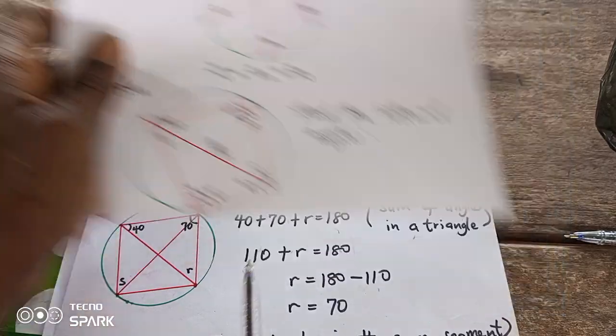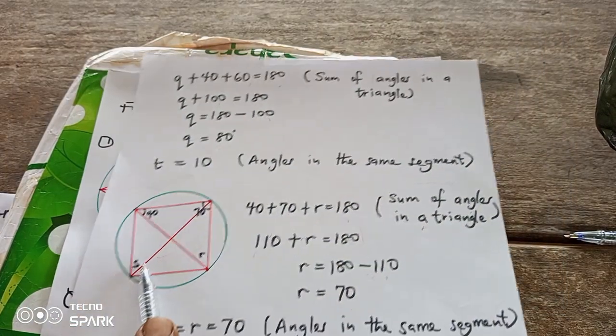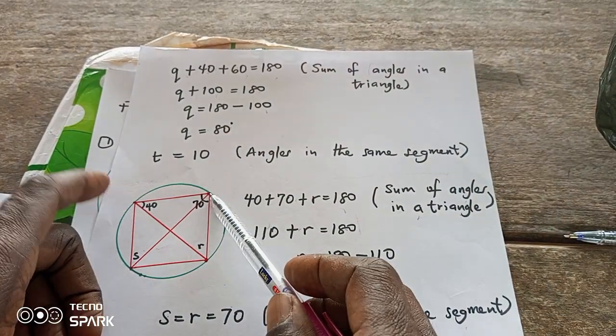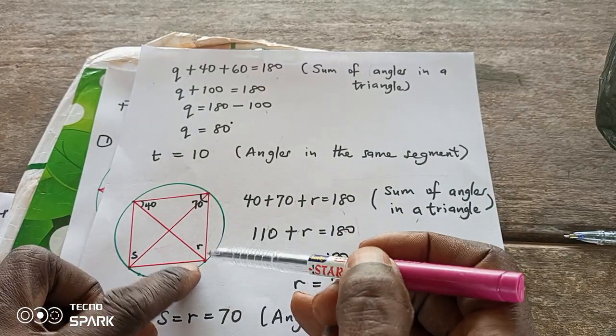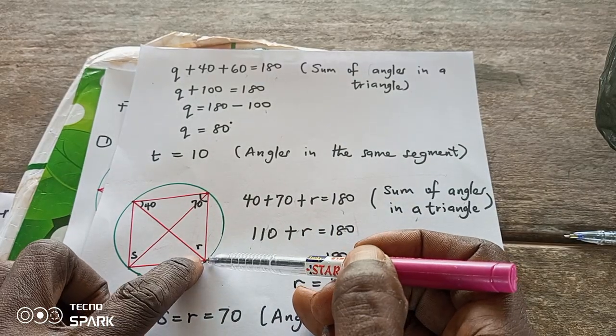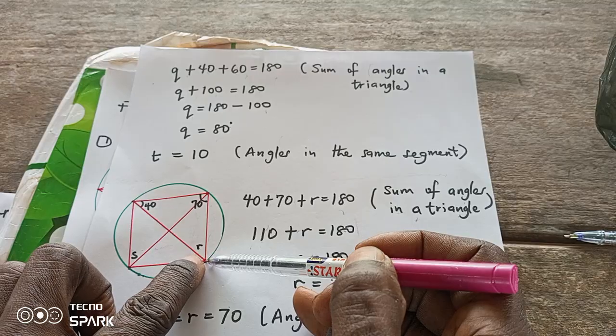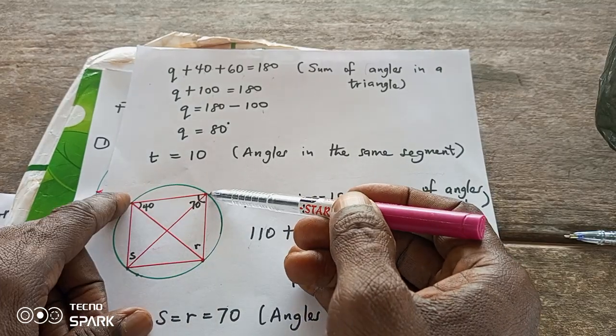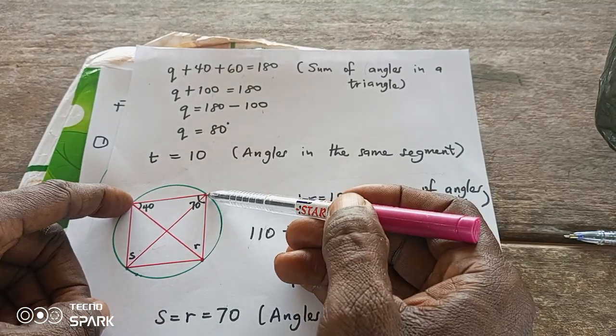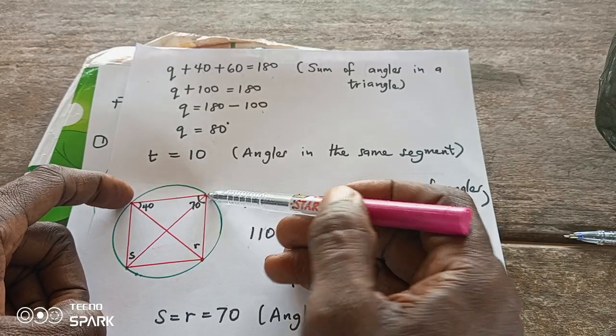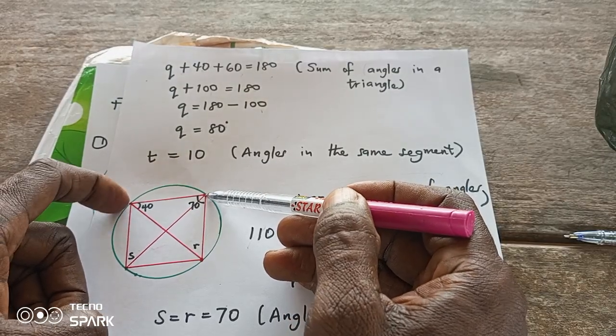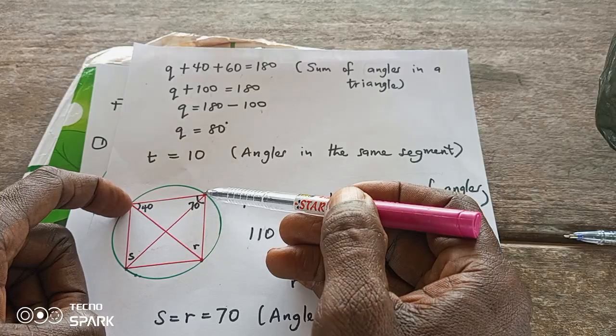Now, if we got R to be 70, and in the diagram we are told about angle S, so it's what I've drawn here again, angle S. If you look at this, angle R is bounded by these two lines. So it touches the circumference this way, bounded by these two lines, we start and end at these two points.